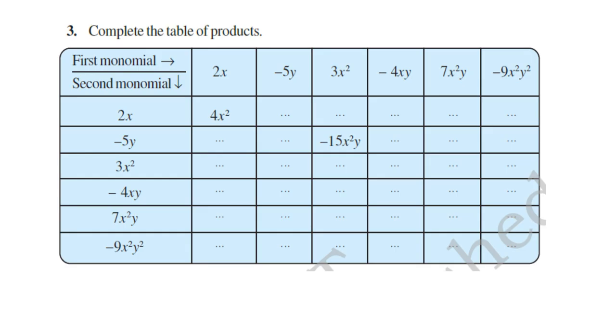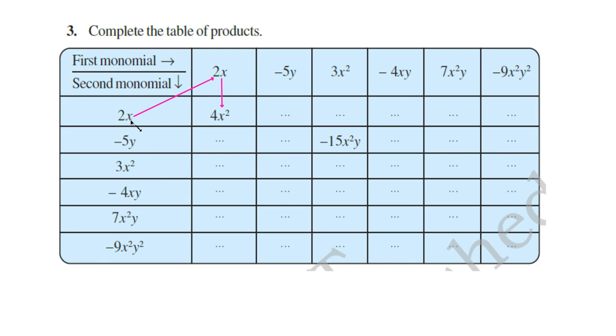Here is an interesting table. You have to multiply the monomial in this row and this column. First you have to multiply 2x into 2x, that is 2 into 2, 4, x into x, x square. Then write it here.